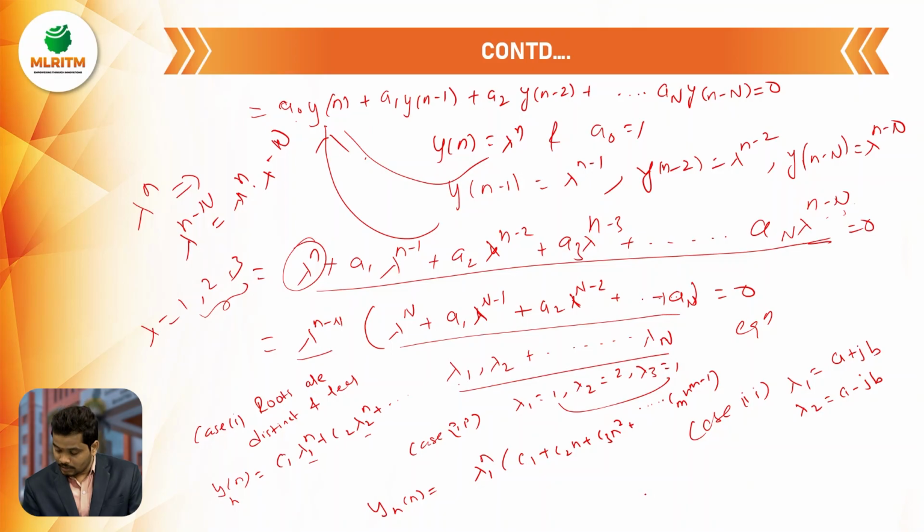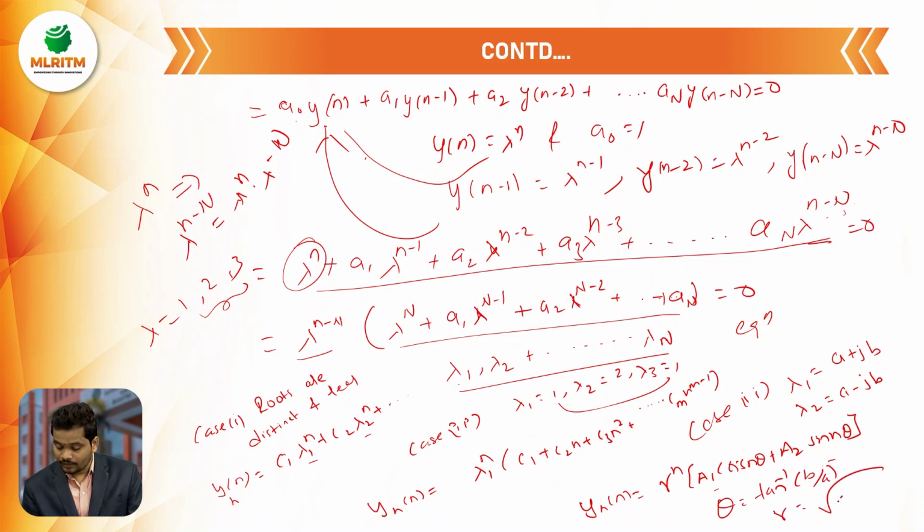For complex roots, yh of n equals r power n times a1 cos n theta plus a2 sin n theta, where a1 and a2 are constants, theta equals tan inverse b by a, and r equals root of a square plus b square. So this is the solution for the linear constant coefficient difference equation, and this is the solution only for the homogeneous equation.